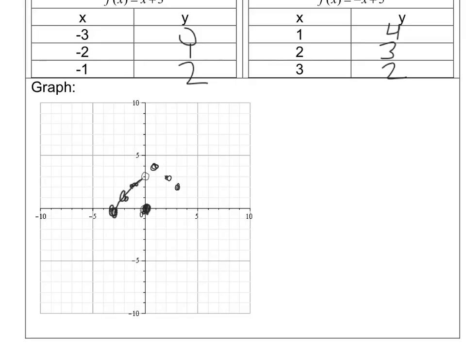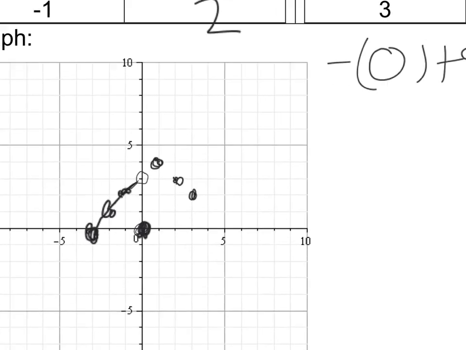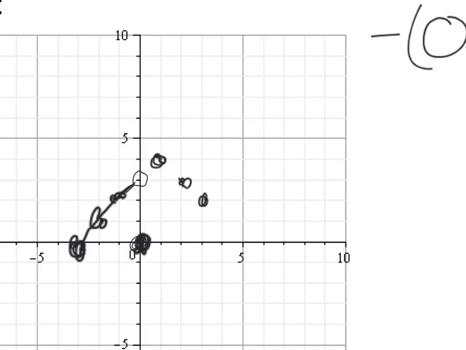But you also need the 0 for this one. So if I plug that in here, it'd be -0 plus 5 is 5. So I also have to go to 0, 5 and do another open circle. Okay, there's the piecewise function.